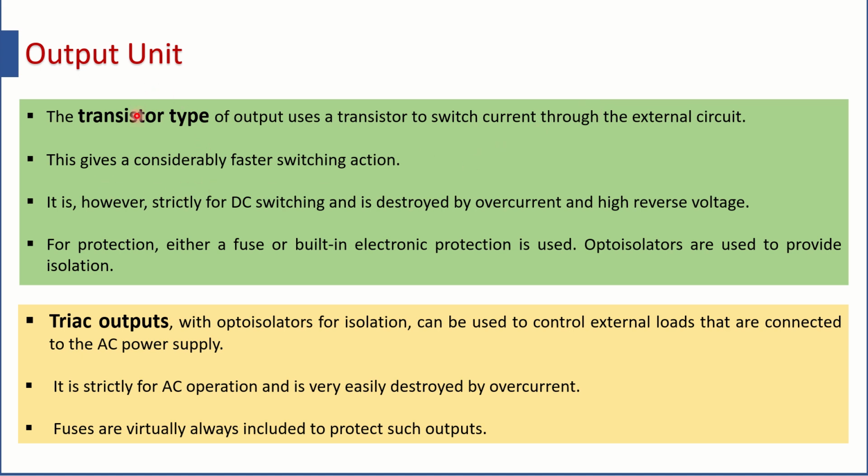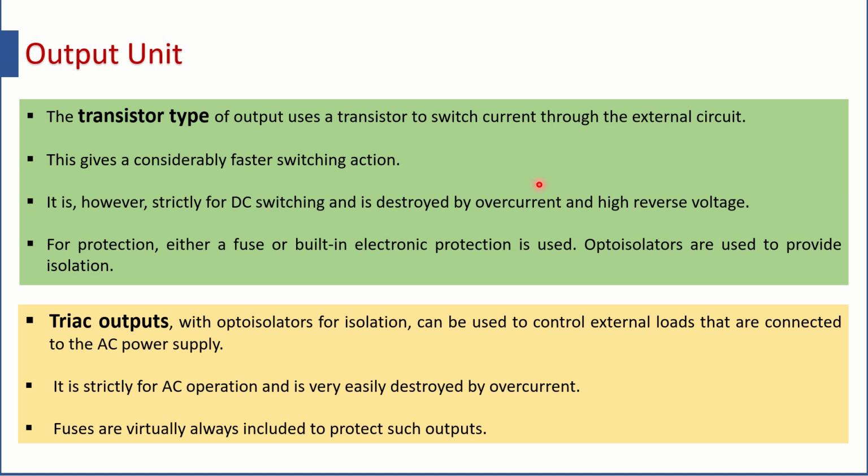If we compare the transistor type with the relay type, transistors offer very fast switching action with respect to relays. However, whenever we use a transistor, it is strictly for DC switching. Remember, transistors cannot be applied for AC switching operation.